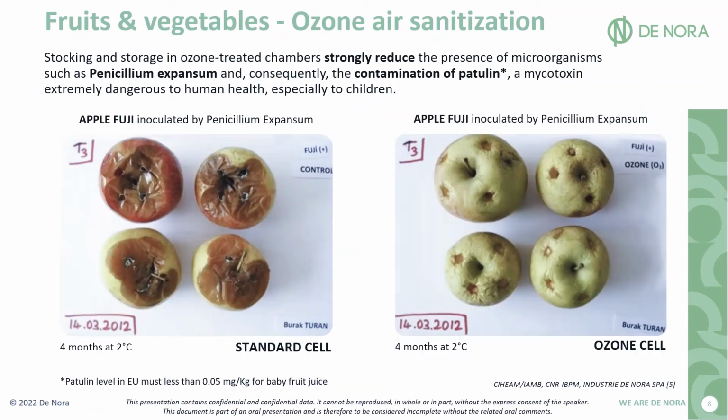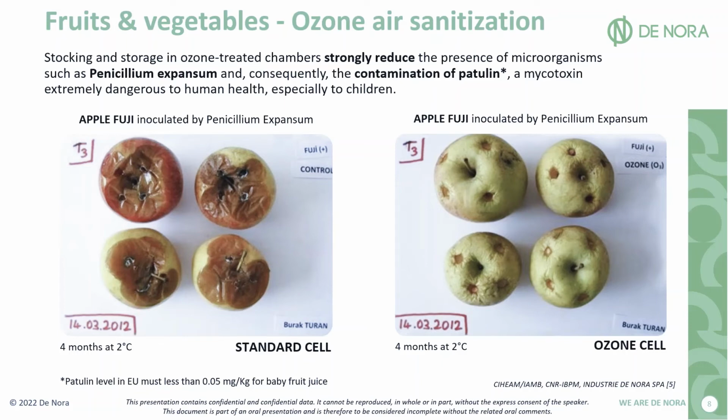We were discussing before, there was a question about aflatoxin, and other kinds of mycotoxin. In this slide, I show you that if we use ozone in the storage room, we can control the proliferation, the growth of molds, in this case Penicillium expansum, and consequently we can control the contamination of pathogens, because normally mold produces toxins to kill bacteria and eat all the product by itself, okay?